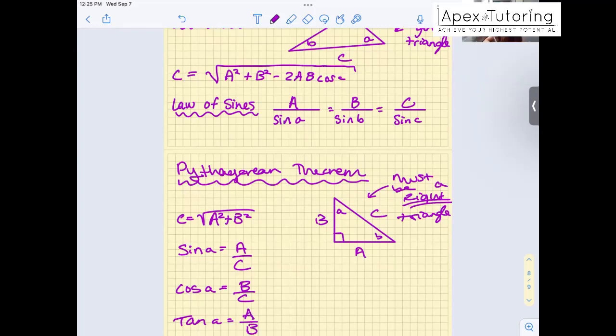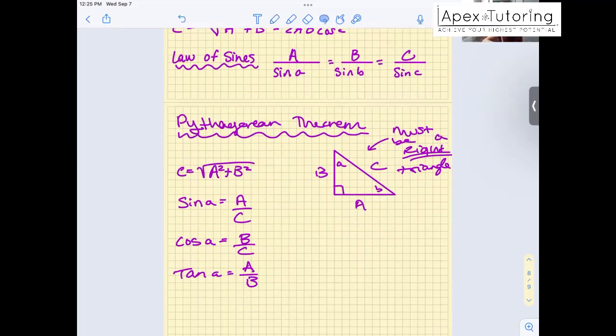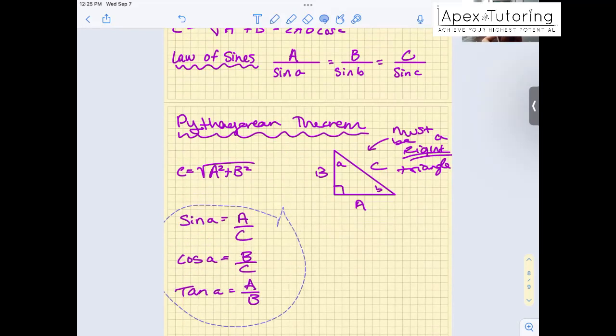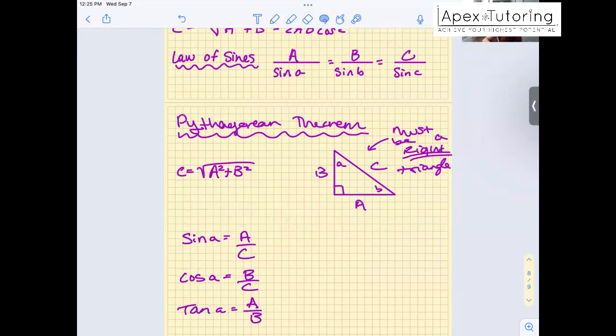And by contrast, if you were going to do sine of little angle B, what do you get? Opposite of little angle B is what side?